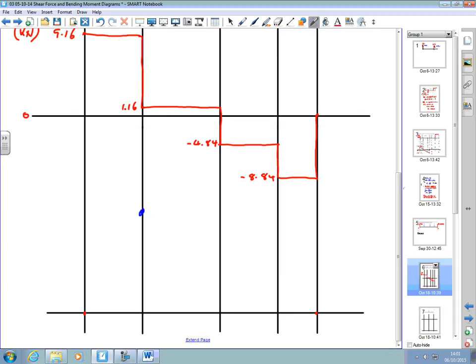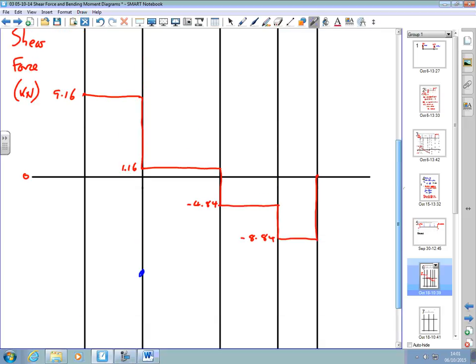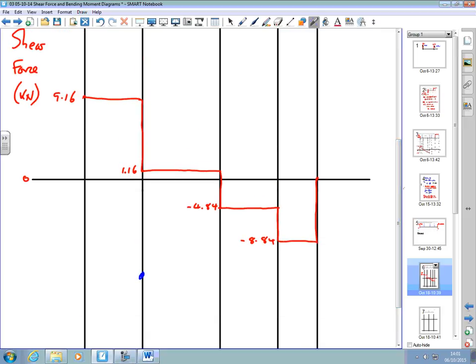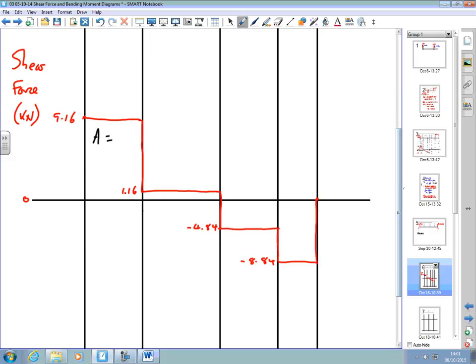So the area underneath that diagram is going to equal, and we can write it on the diagram, 9.16 times the distance, which is 3. 9.16 times 3. Yes, down to the line, the whole area.